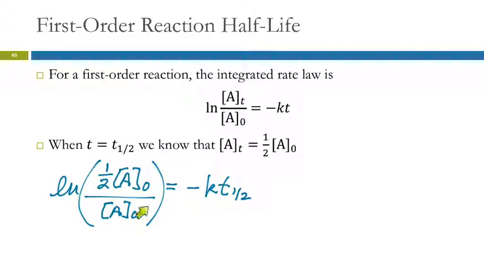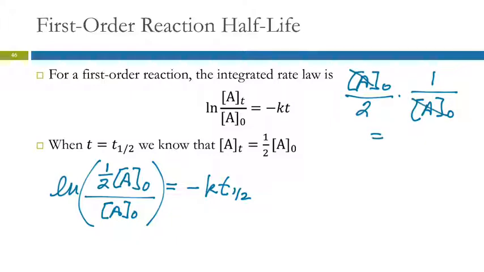Well, we can simplify this term, right? So there's fractions, right? That's A0 over 2 times 1 over A0. The A0s cancel out. That is equal to 1/2.